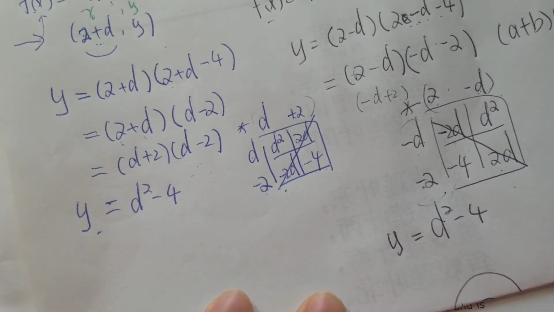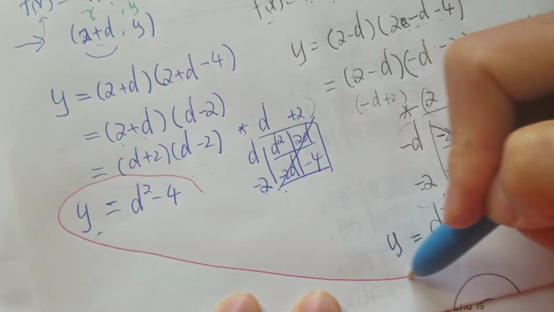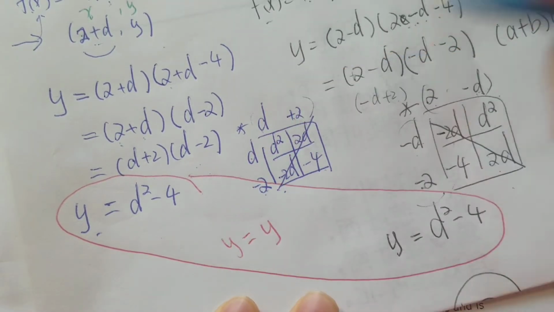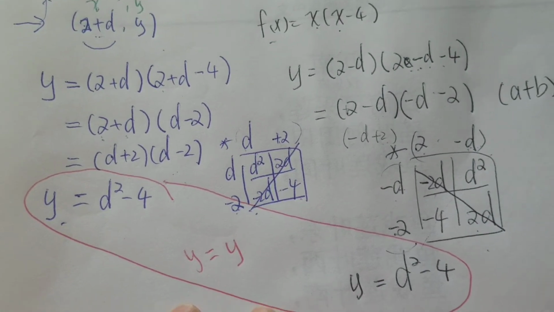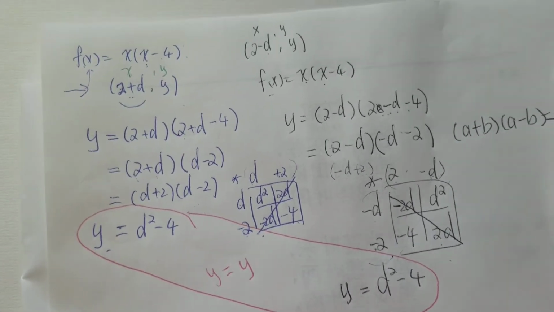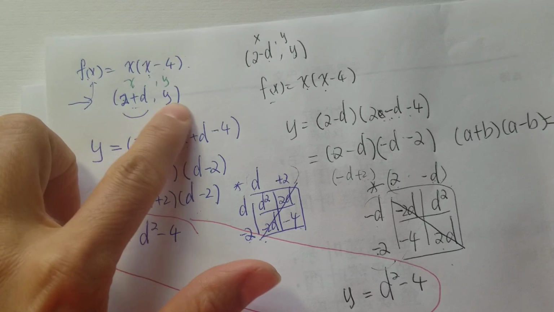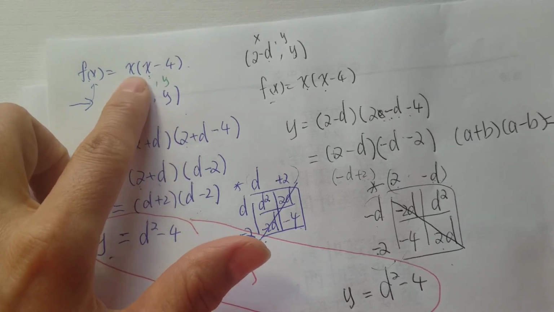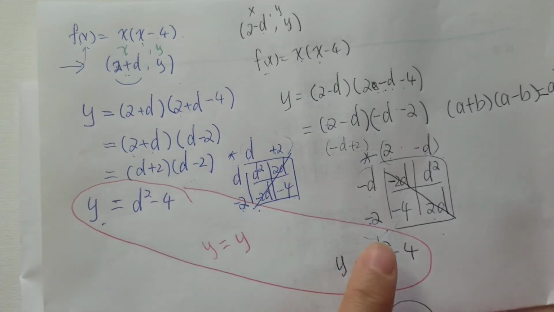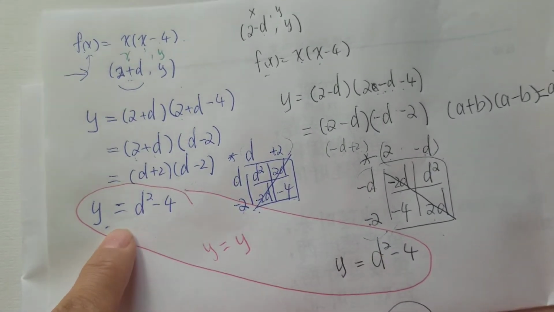When we compare those two parts, we have y equals y. Therefore, we proved that if (2 plus d, y) is on the graph, (2 minus d, y) is also on the graph, because they equal each other.